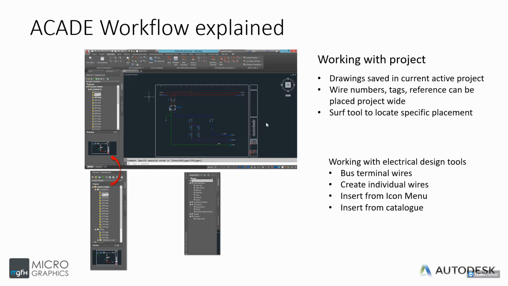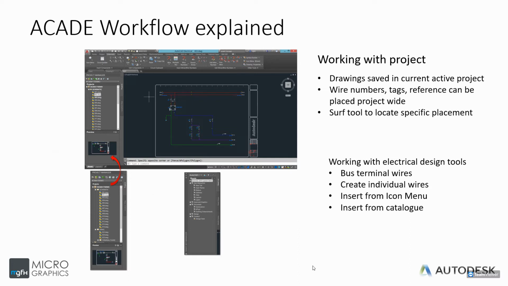Okay, the next thing you need to know about working with the project is that you will see a preview of each of your drawings inside the folder in your projects folder on your left-hand side. Drawings can be saved in an active project, meaning that each time you create a new drawing, it will go in the current active project, the one that's bold on the top there that you see in your panel pane.